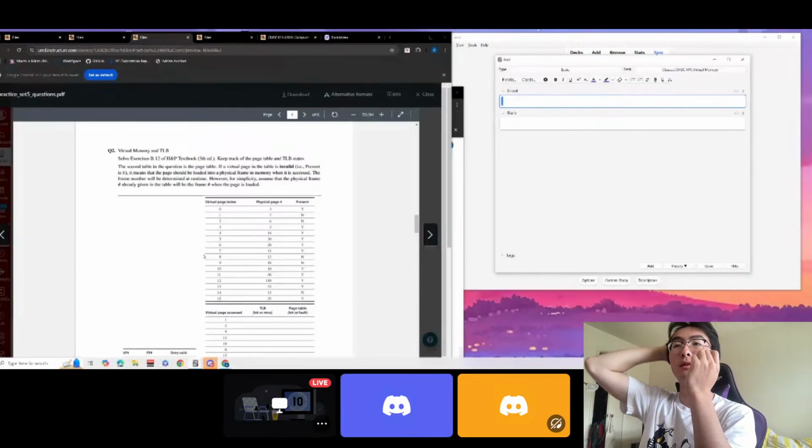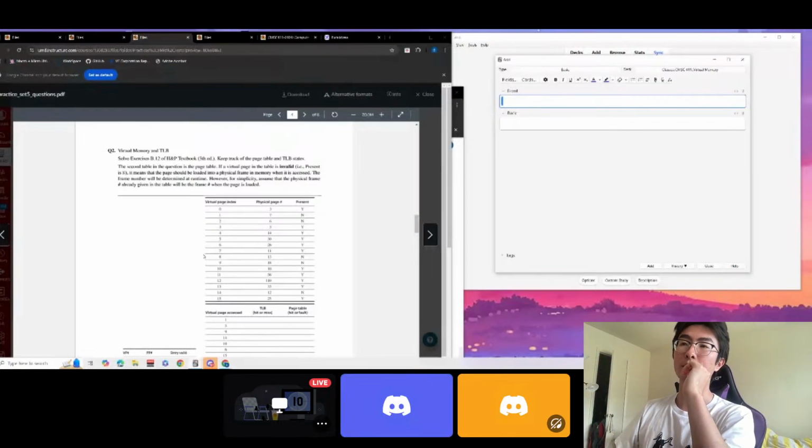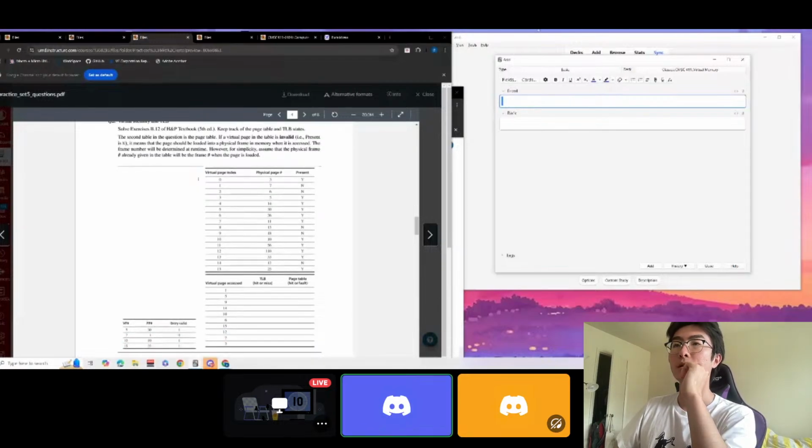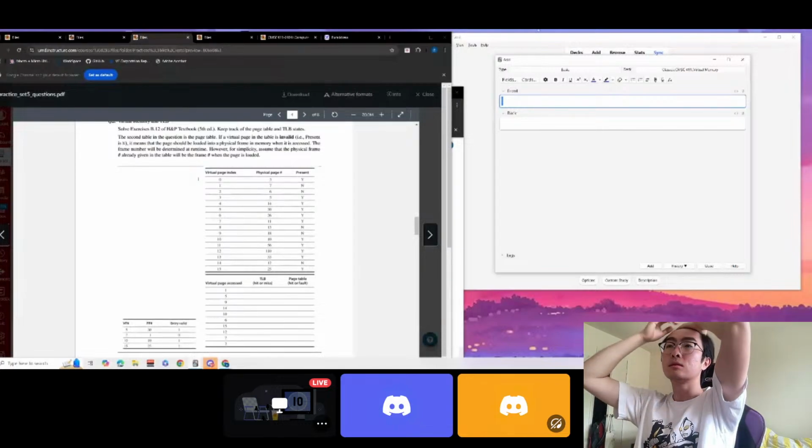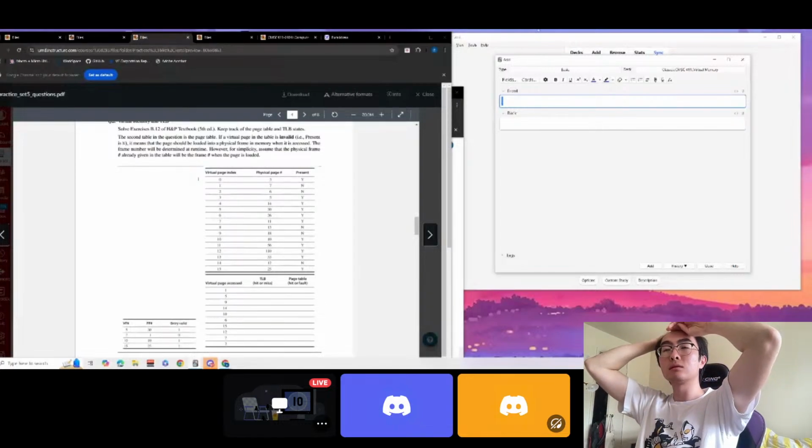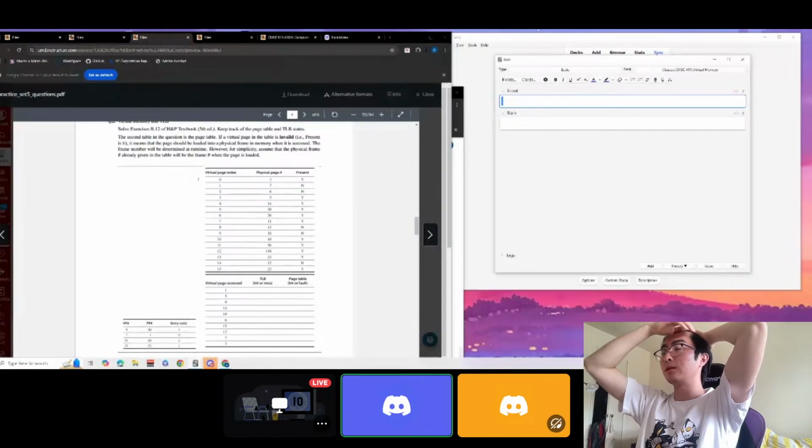The page table. The second table in the question is the page table. The virtual page in the table is invalid present. The frame number will be determined at runtime.